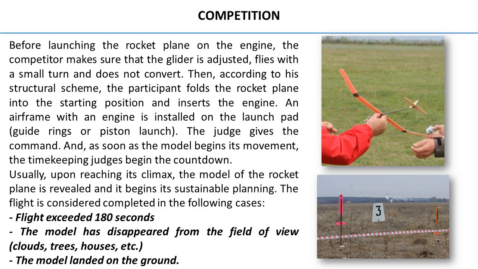An airframe with an engine is installed on the launch pad, guide rings or piston launch. The judge gives the command to launch, and as soon as the model begins its movement, the timekeeping judges begin the countdown. Usually, upon reaching its climax, the model of the rocket plane is deployed and it begins its sustainable planing.